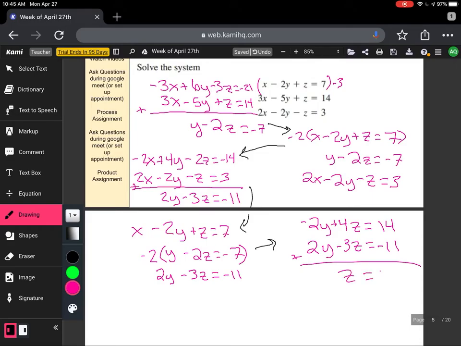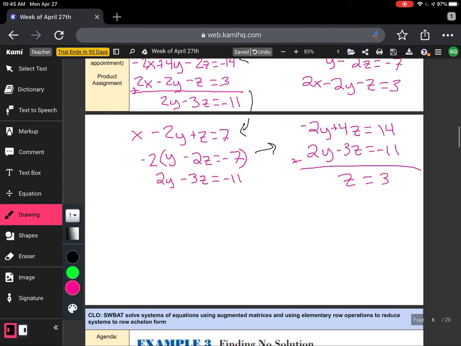Z equals 3. Okay, so now what we're looking at, let me arrow again this way. Now what we're looking at is our first equation, x minus 2y plus z equals 7. Second equation, still there, y minus 2z equals -7, and z equals 3.